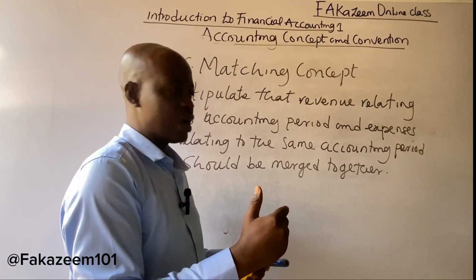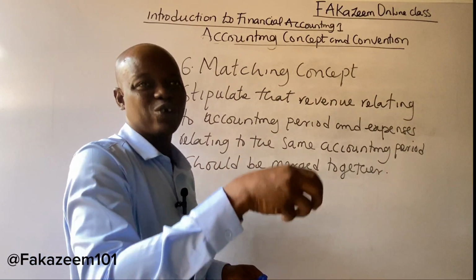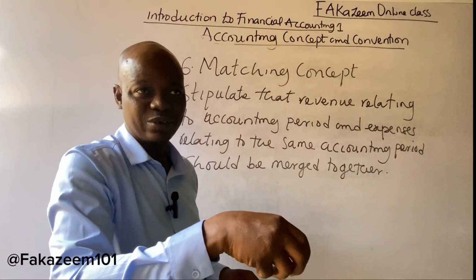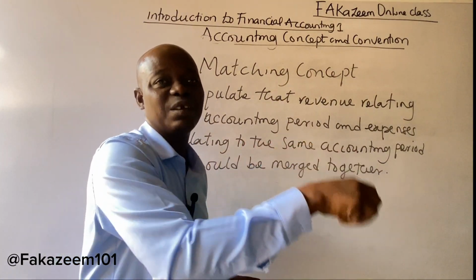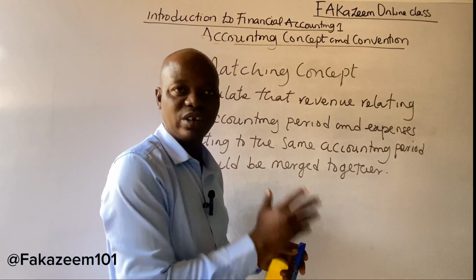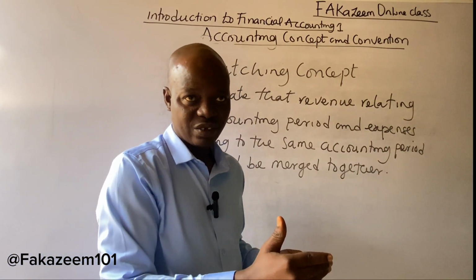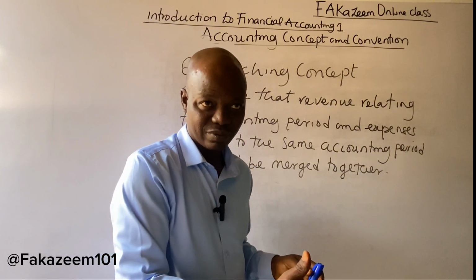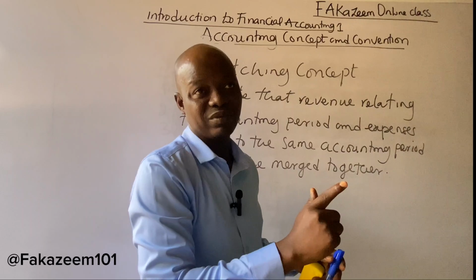Expenses relating to an accounting period and revenue also relating to the same accounting period can be used to determine profit or loss for the same accounting period. In a nutshell, what this means is that you can deduct expenses of 2024 from the sales of 2024.